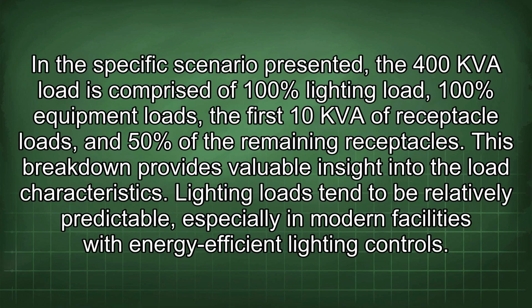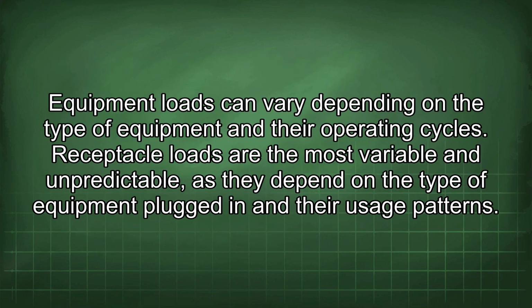In the specific scenario presented, the 400 kVA load is comprised of 100% lighting load, 100% equipment loads, the first 10 kVA of receptacle loads, and 50% of the remaining receptacles. This breakdown provides valuable insight into load characteristics. Lighting loads tend to be relatively predictable, especially in modern facilities with energy-efficient lighting controls. Equipment loads can vary depending on the type of equipment and their operating cycles.